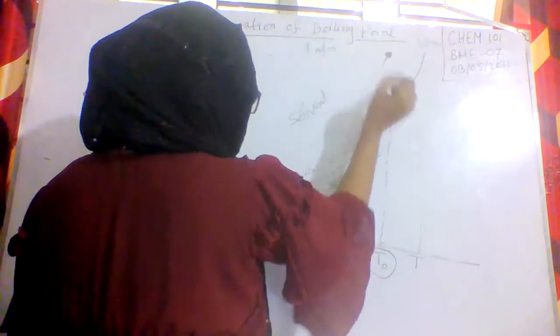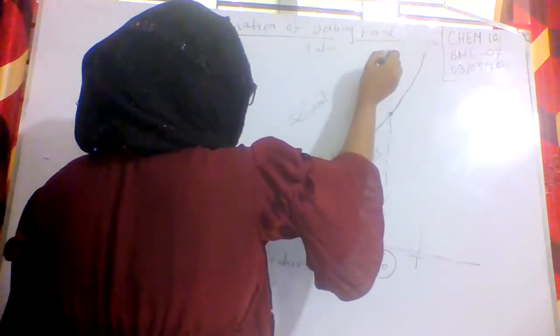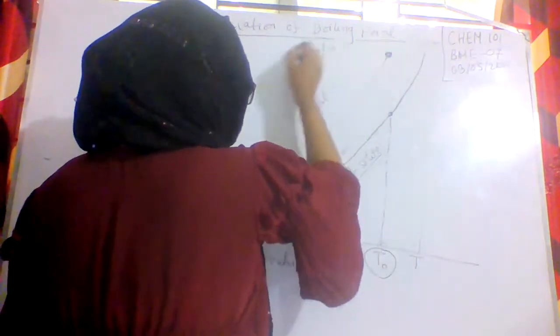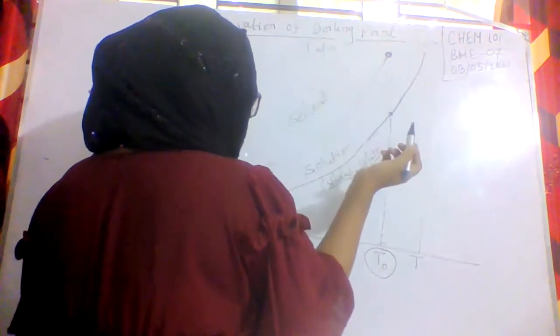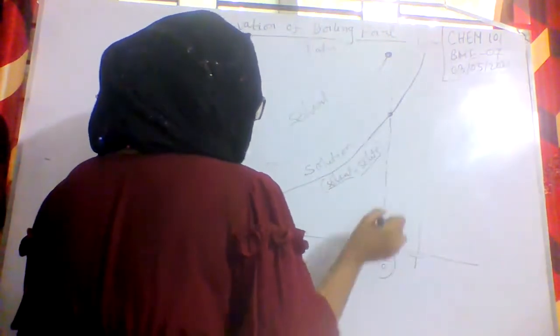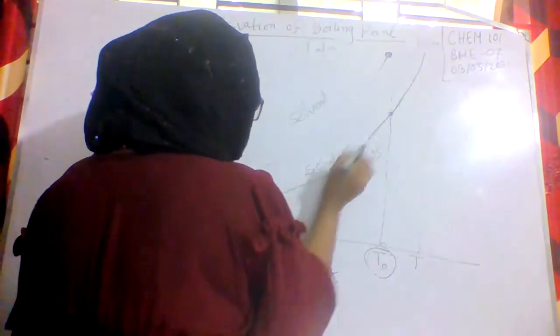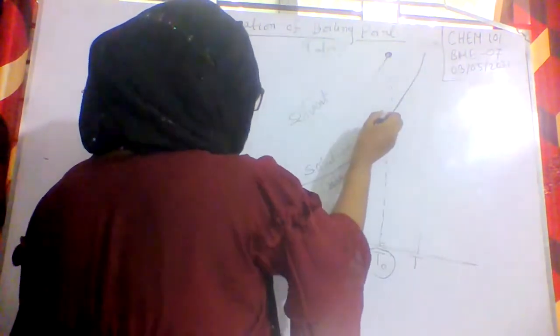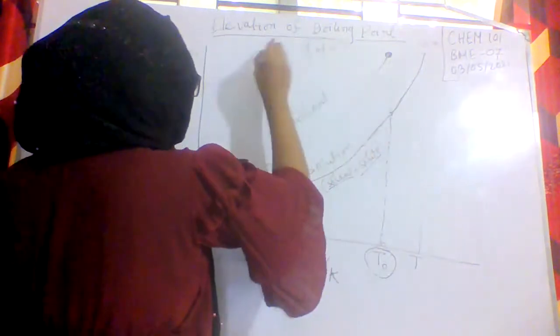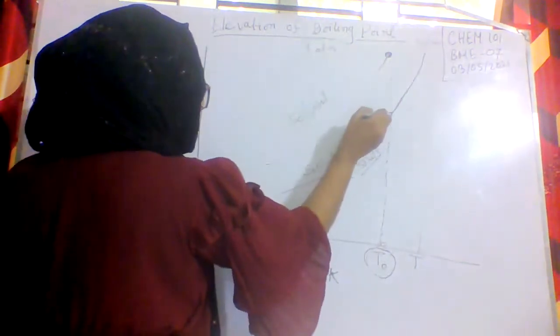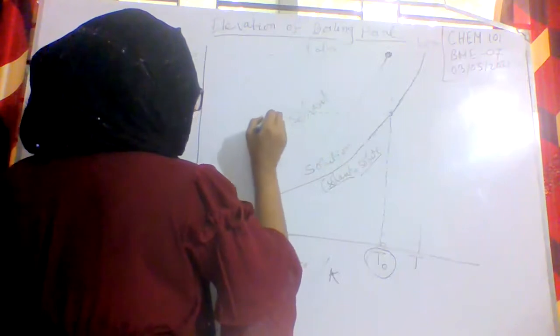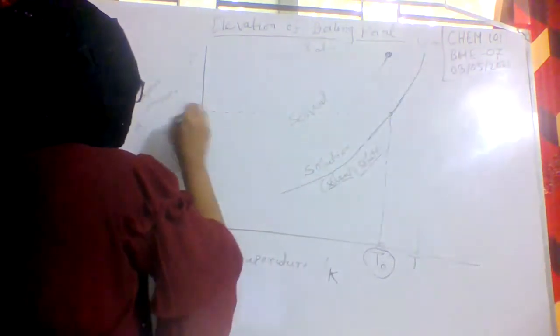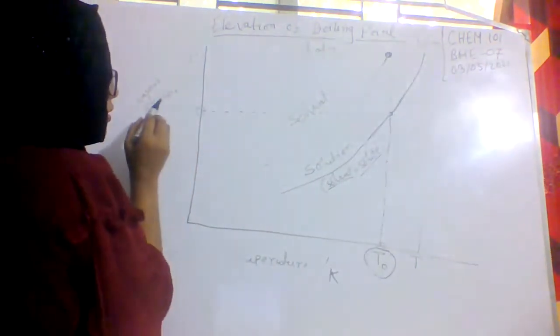So at this temperature, the vapor pressure of the solvent is 1 atmosphere. That means the boiling point is this for the solvent. But for this solution, at the boiling point of the solvent, it is not exactly this pressure. It is here, less than 1 atmosphere.